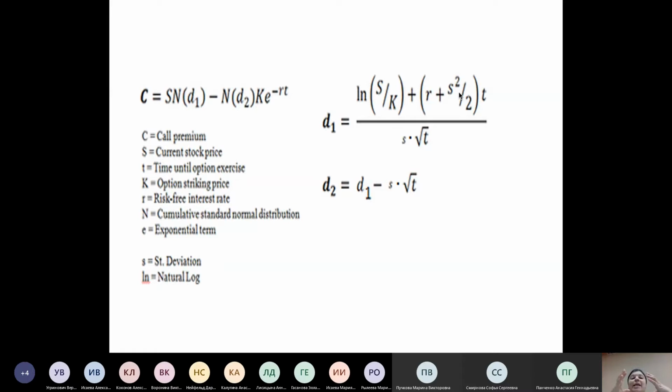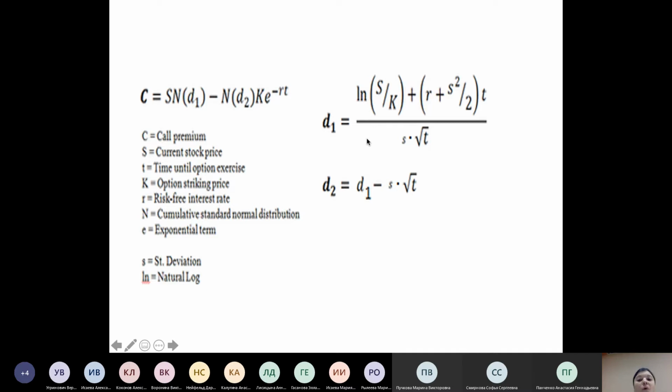In other words, it will be our current price multiplied by our cumulative standard normal distribution of parameter D1, ln based on the parameter, our current stock price divided by our option striking price, or strike price, plus the risk rate, plus our standard deviation to the extent 2 divided by 2, multiplied by the period of existence of our option, time until option exercise.